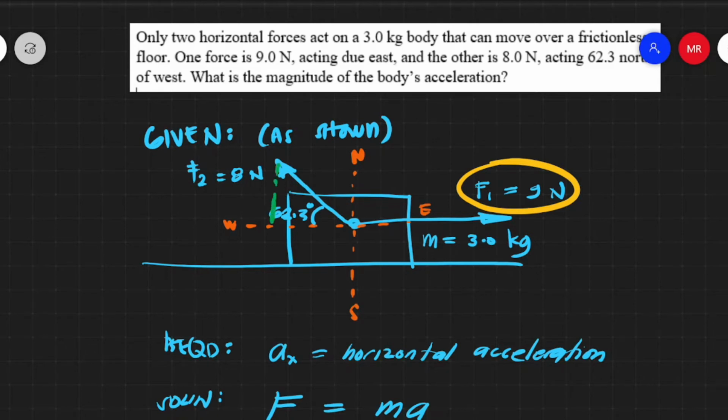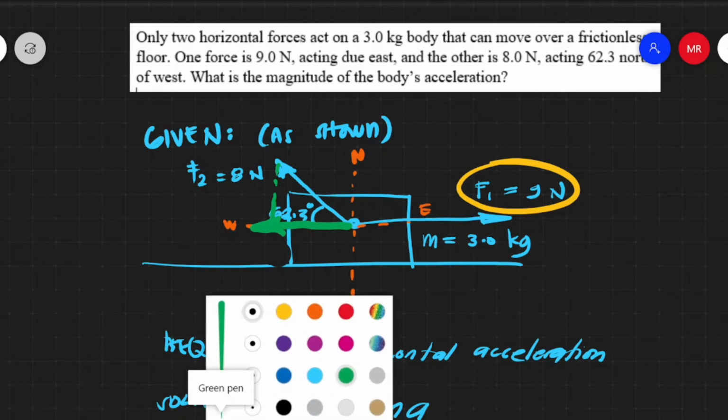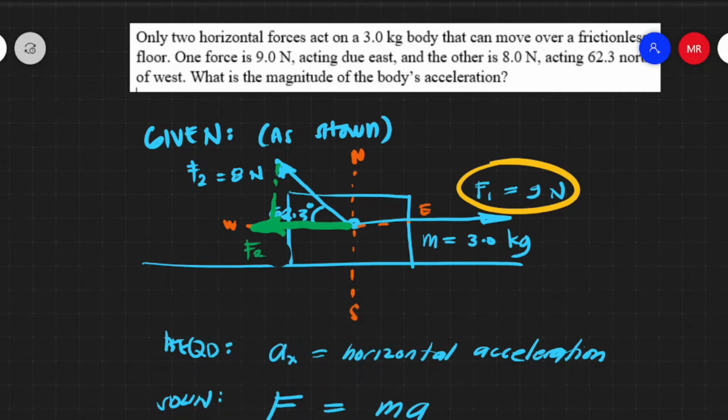If we project the x-component of F2, let's say that is F2x.